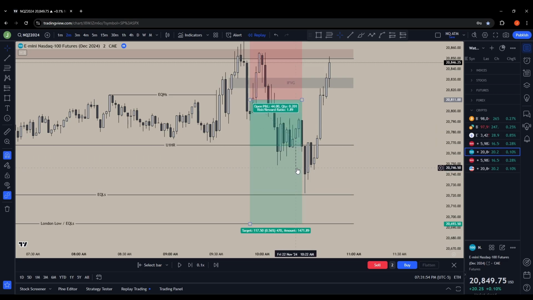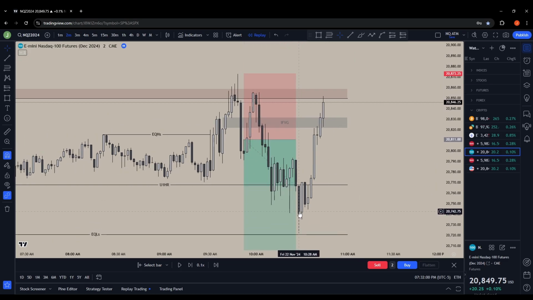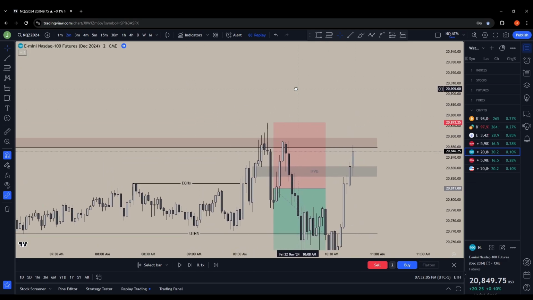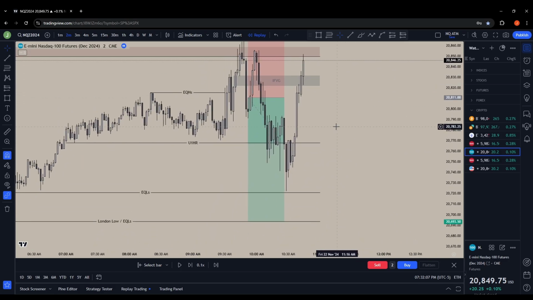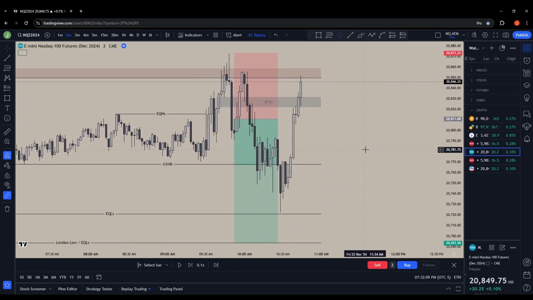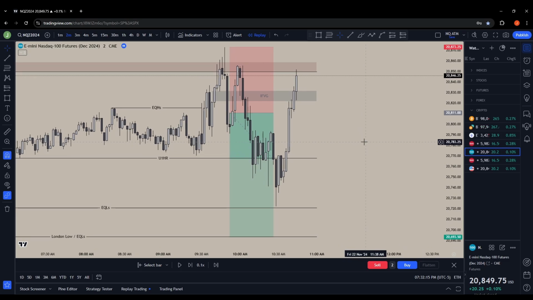So I just trailed stop once we got to that 1-to-1, and then it ended up breaking even, and it does save me, because then NQ pumped, eventually taking all these highs and continuing higher. So it was a perfect trade, and a W trail there. Now I will show you the live trade, and the live trade will just end the video there.